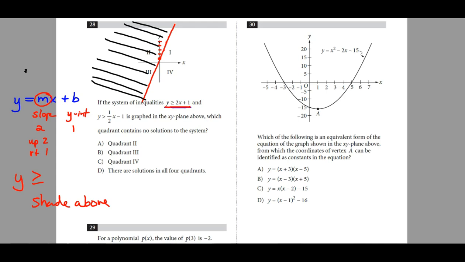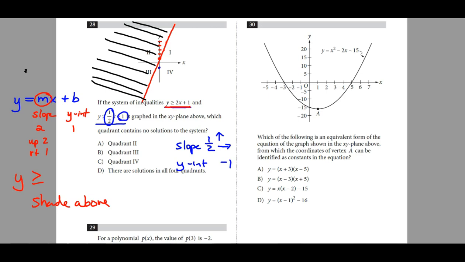Now I have to graph this other one. This other line right here is y is greater than 1/2 x minus 1. Well, the key features of this line: it has a slope of 1/2, which means we're going to go up 1, right 2. And our y-intercept is the back number, which is negative 1. So let's get this on here.